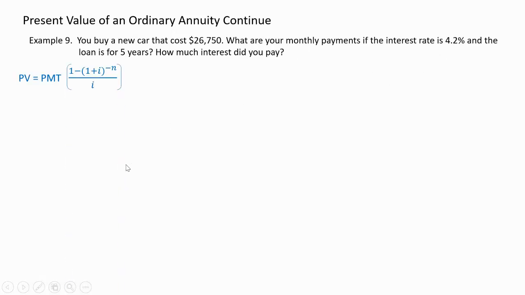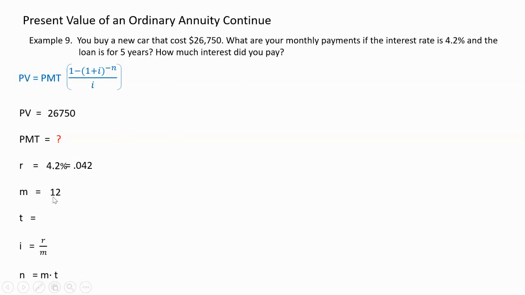So let's do this scenario here. You want to buy a new car, so we're looking for the monthly payments. Then this must be the present value, how much money you're going to borrow from the bank. The interest rate is 4.2%, which will be 0.042. The compounding, M, is going to be 12.